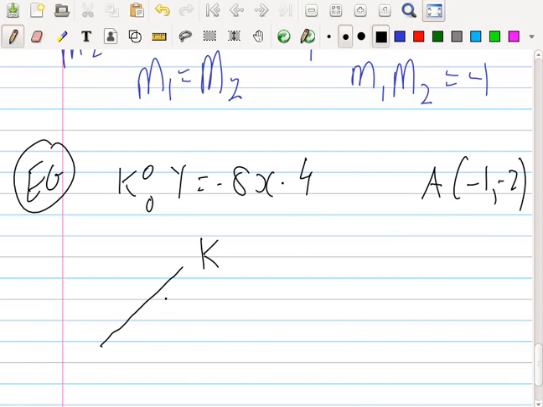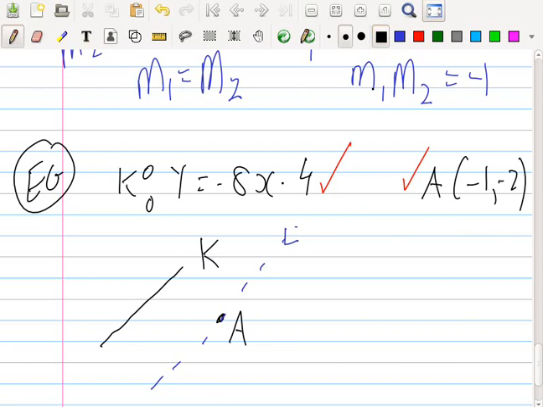There is line K, there is point A, and my question is, find the line that is parallel to K and goes through A. So I am asking you for this line. That's what I want. I call it L. So K is given, A is given, and I'm looking for L.